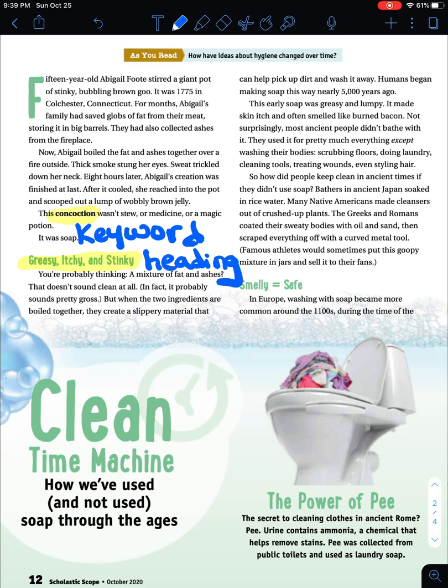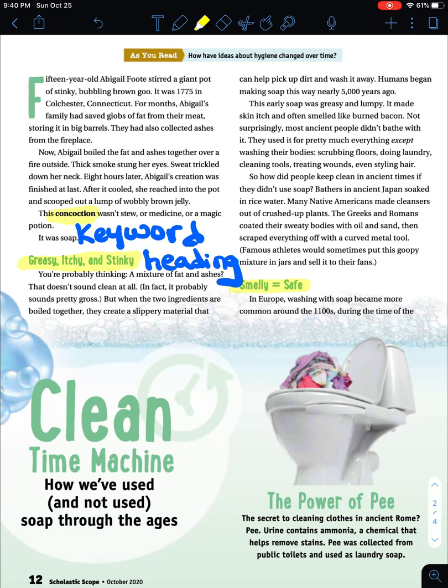So greasy, itchy, and stinky. All right. We know that this is about the dirty history of soap, right? It's about the history of soap and how it hasn't always been as clean as it is today. So the rest of this paragraph is likely to talk about the greasy, itchy, and stinky part of the history of soap. Okay.